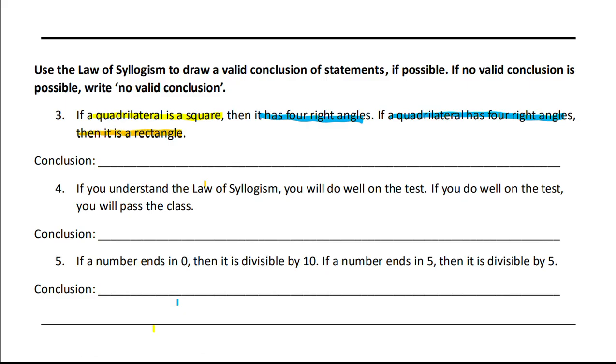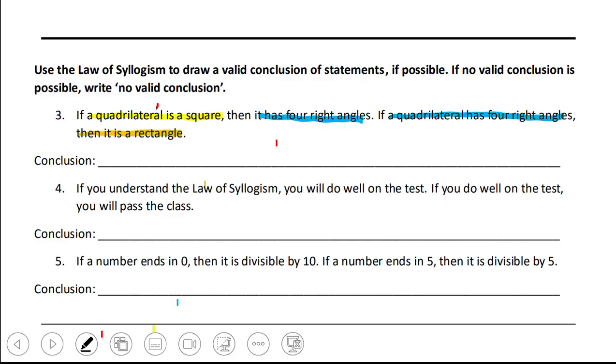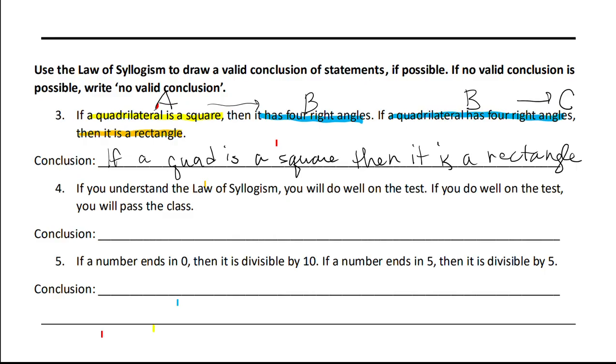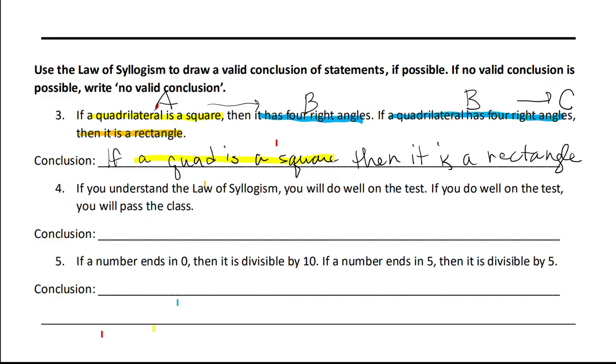My conclusion can go right from A to C. I went A to B, I went B to C. My conclusion can be, if a quadrilateral is a square, then it is a rectangle. And just to highlight that, I'm going straight from the yellow to the orange, and I'm not stopping at blue.